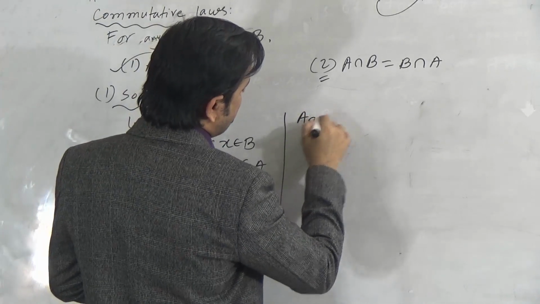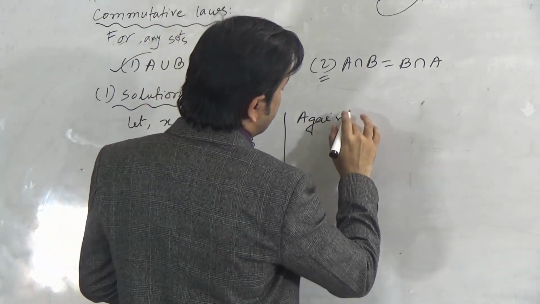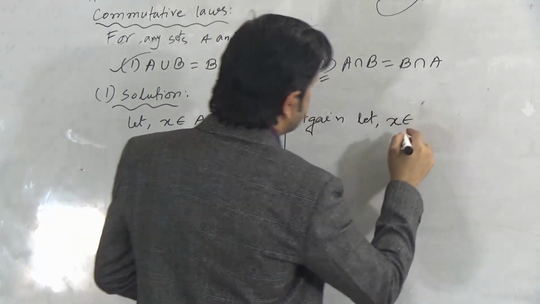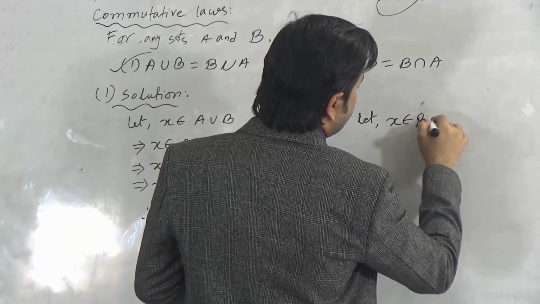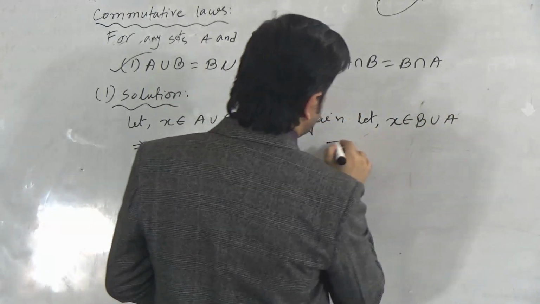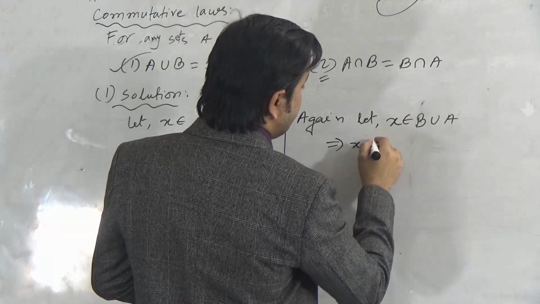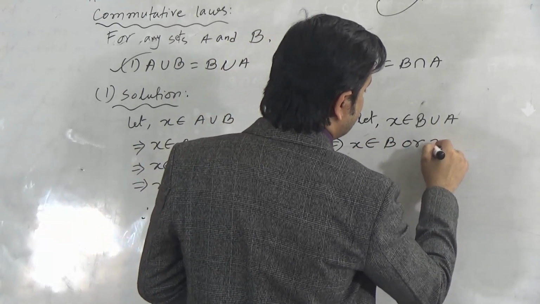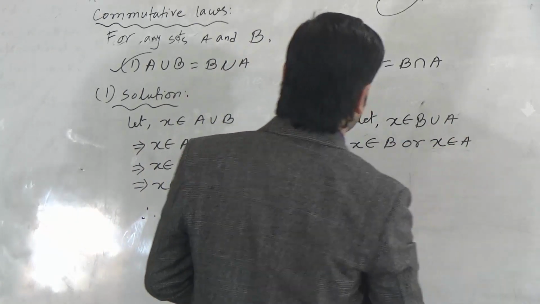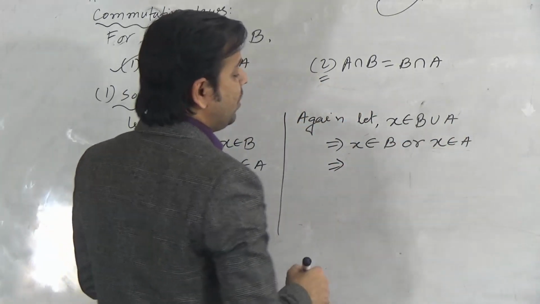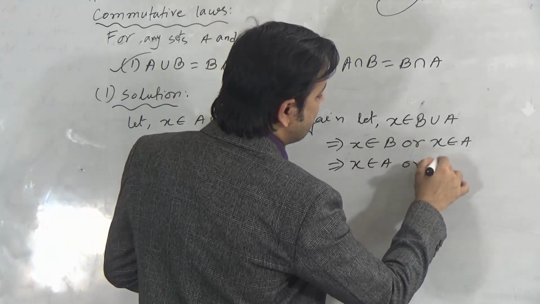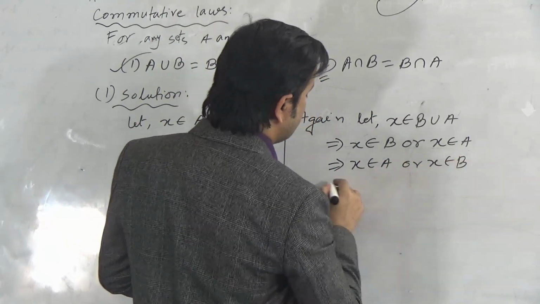Again let X be contained in B union A. That implies X is contained in B, or as this is union, we have to write X is contained in A. So we can write X is contained in A or X is contained in B, both are the same.